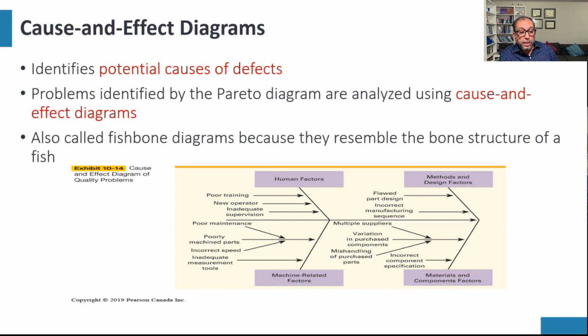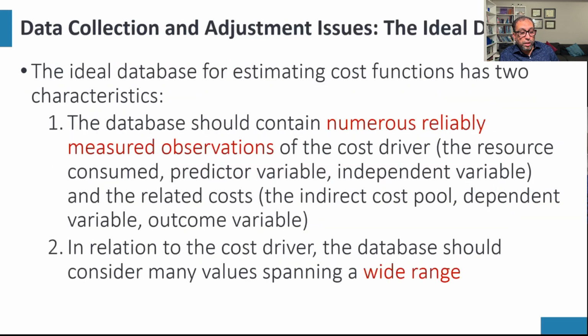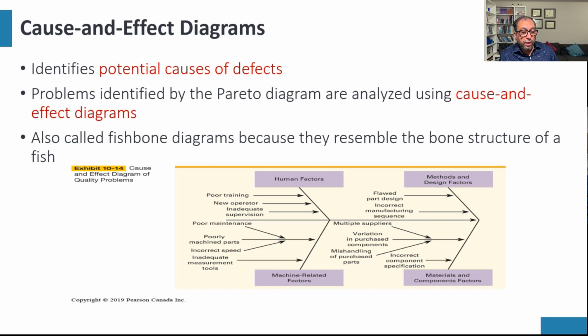So we see here how many human factors are possible for these defects: poor training, new operators, inadequate supervision. Machine-related factors can be poor maintenance, poor machine parts, incorrect speed, and inadequate measurement tools.